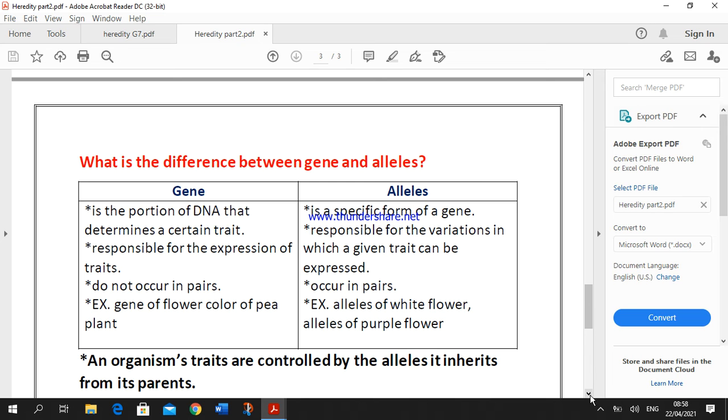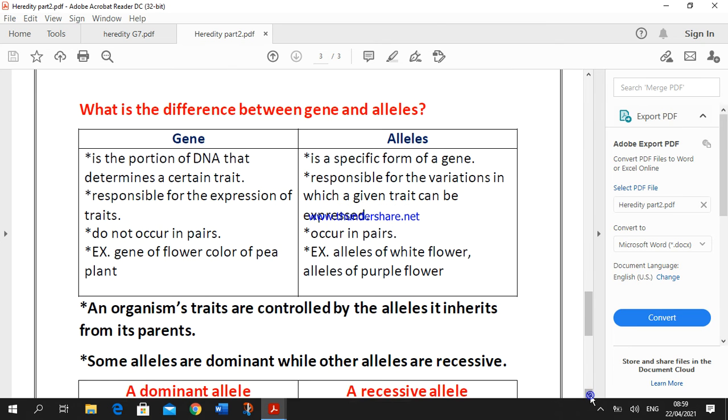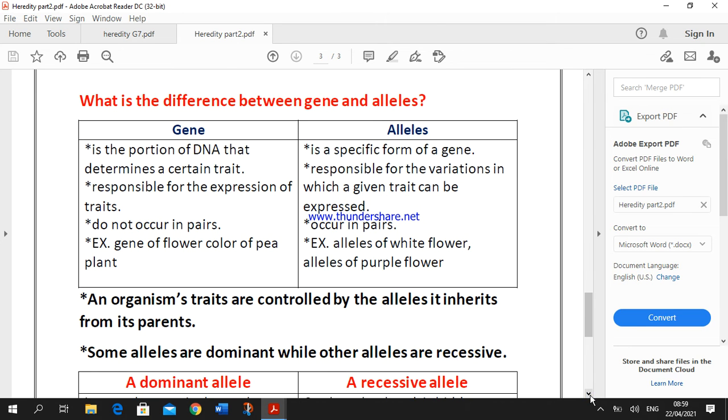Alleles must occur in pairs, like alleles of white flowers and alleles of the other flower color, represented by capital W and small w, okay. So, an organism's traits are controlled by the alleles it inherits from its parents, okay.